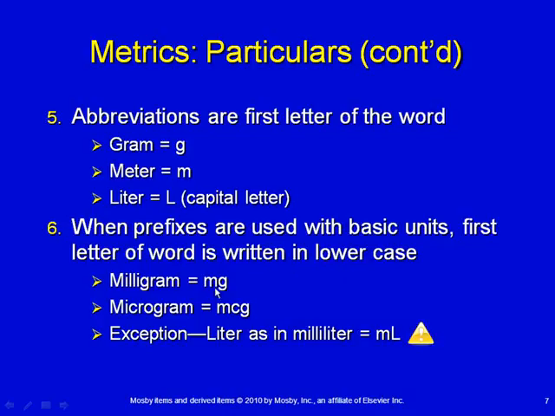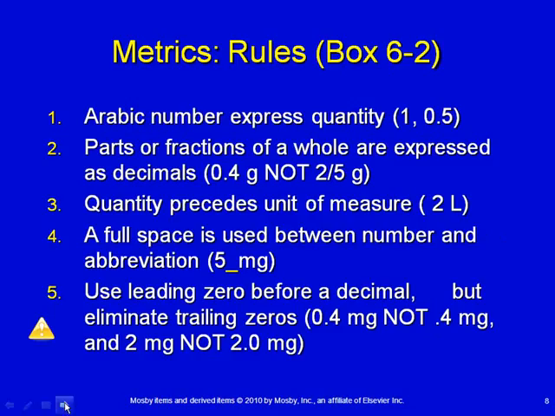So milligram here is mg. Microgram is mcg. Liter is the exception, where we would have the lowercase m for milli and capital for liter. Again, there had been confusions with people mistaking that for 1 when it was written in lower case.